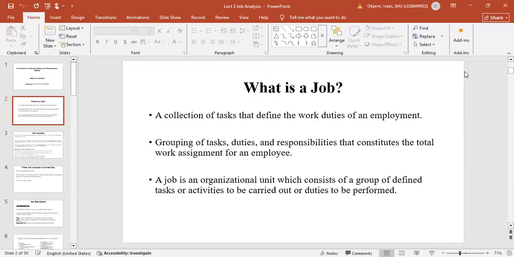I repeat, a job is classified as an organizational unit which consists of a group of well-defined tasks to be carried out.